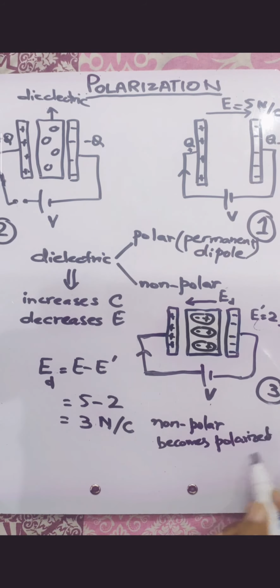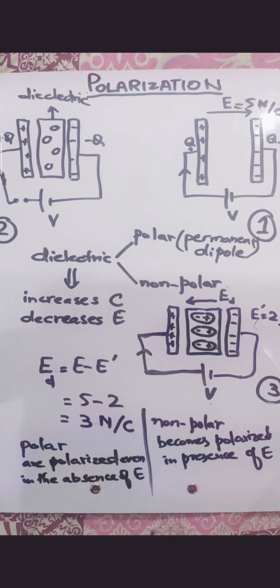So as the external field is provided, they will align themselves into dipoles. The polar molecules are always in the dipole condition; they are always polarized even in the absence of an electric field. So this is the basic difference between polar and non-polar substances or molecules.